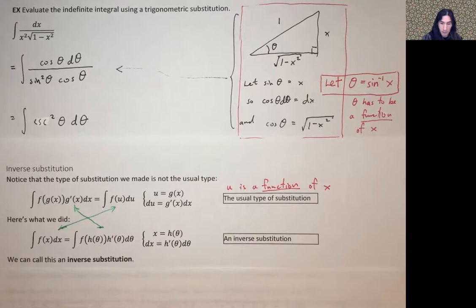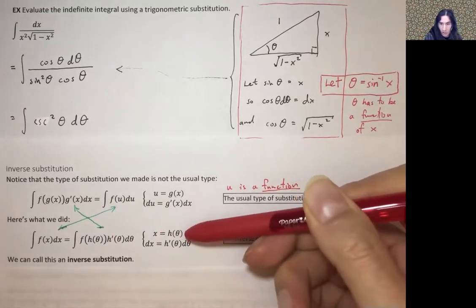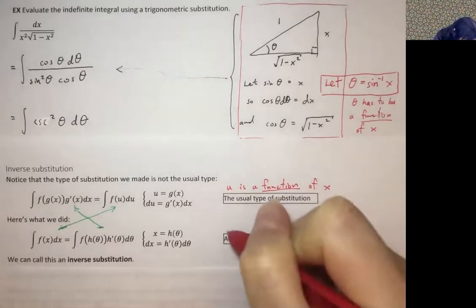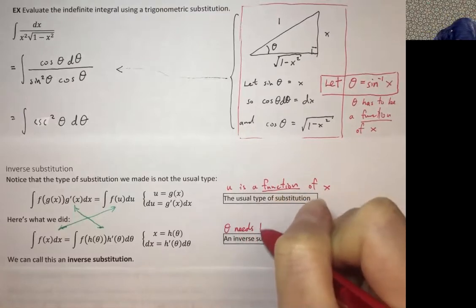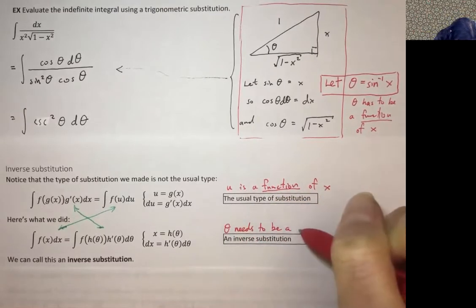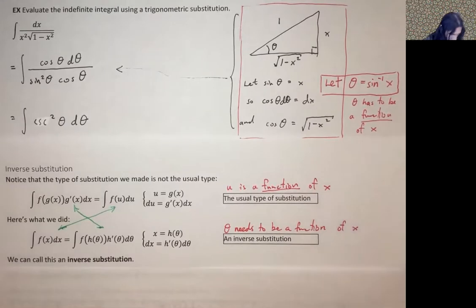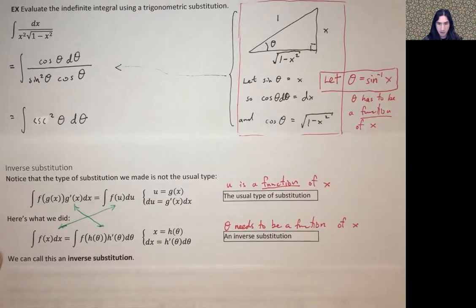The other main reason, though, is that this right here, again, theta needs to be a function of x. Okay, our new variable there has got to be a function of the x there.